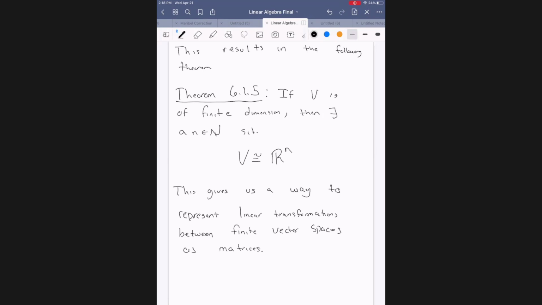And this will lead into section 6.20 basically. Okay, any questions so far?